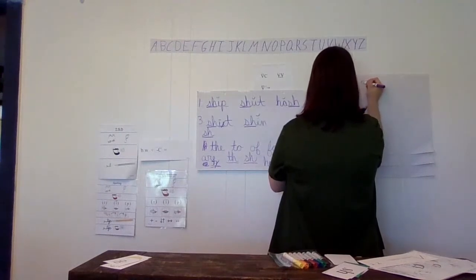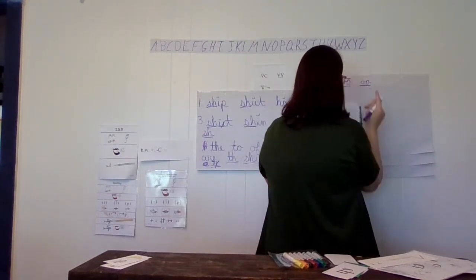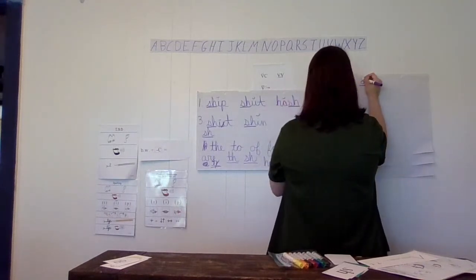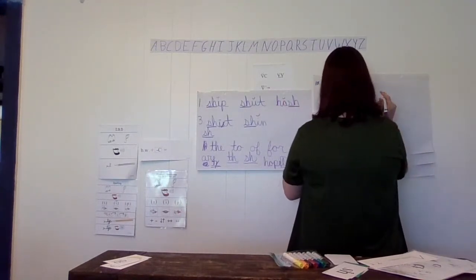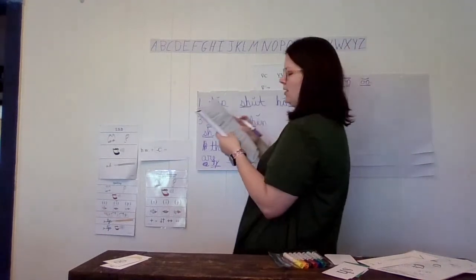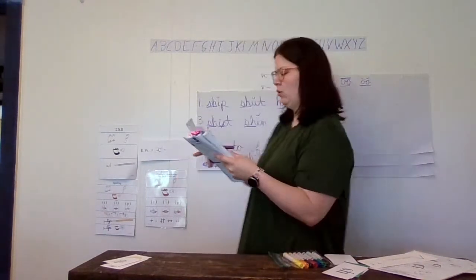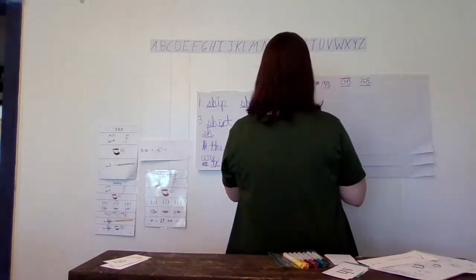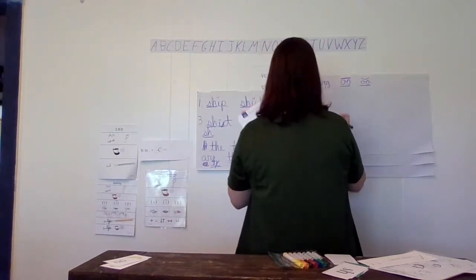If we have OO, and we underline it, and it says like book, we code it with a mega breve. All right, so we are going to code and read. So let me do the first sentence so we can do it together.